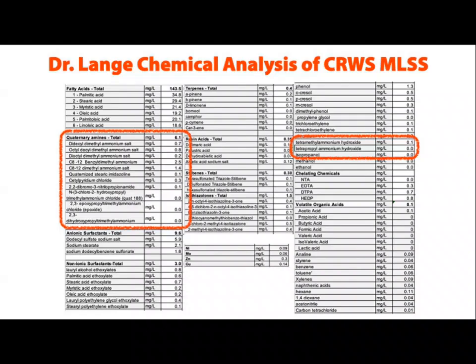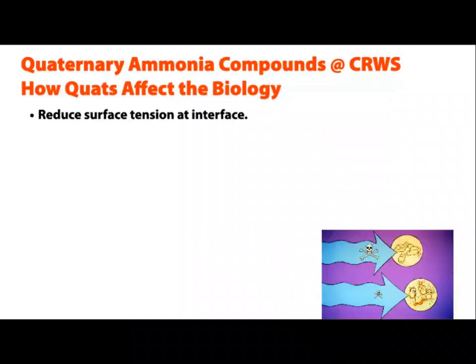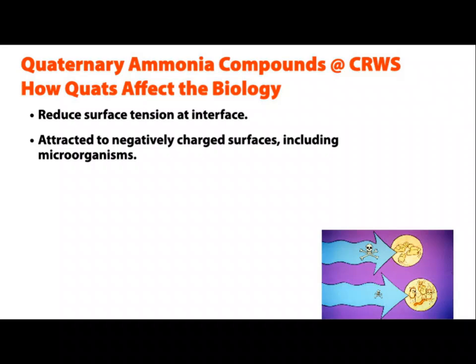This is just illustrating the kind of report that came back from Lang that pointed out where we found the tetramethyl ammonium hydroxide. So it's really just affirming what we've already talked about. Quats are compounds that are designed to kill bacteria.